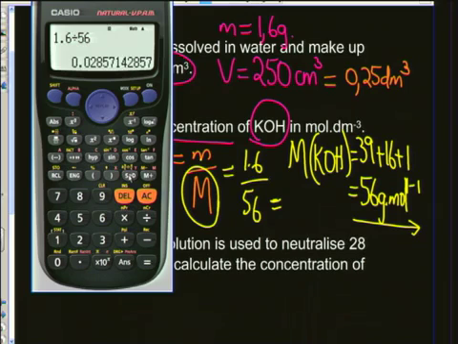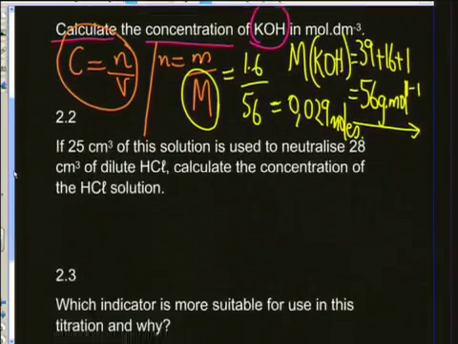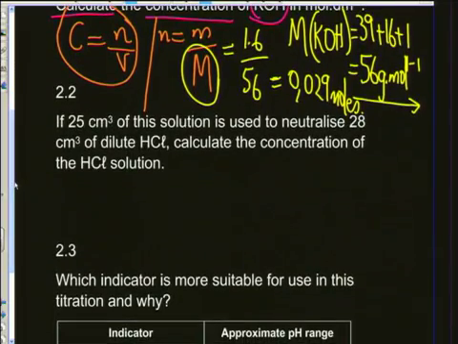I'm getting 0.02857. Allow me to write it down as 0.029 moles. I know that we always want you to write these things to 2 decimal places, but because this number is so small, allow me to write it like that.